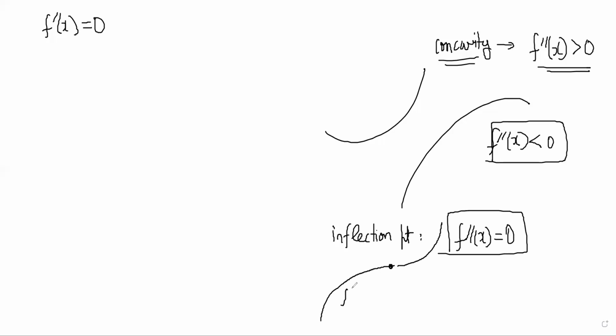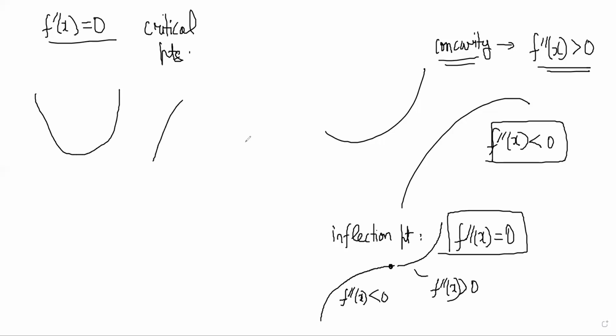Here the double derivative was negative, here the double derivative was positive. These other points are critical points, the points where maxima minima can happen. In maxima minima, concavity never changes. This is concave up throughout, then you get a minima. This is concave down, so you get a maxima.